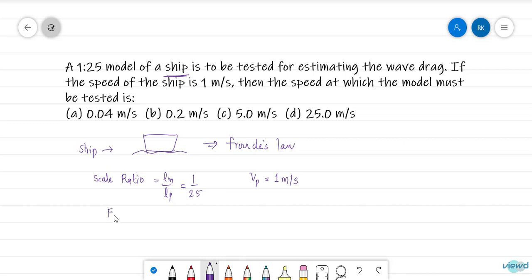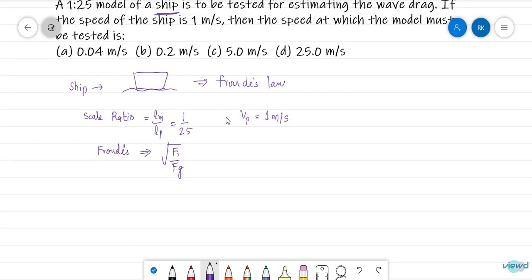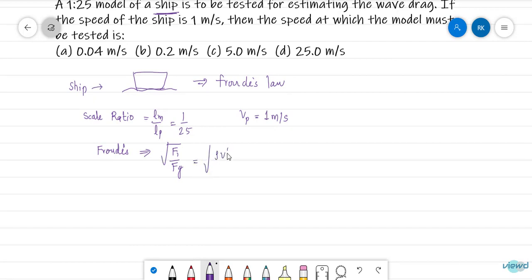Now, applying Froude's law. Froude's number is inertia force by gravity force. If you don't remember the formula directly, just remember this: inertia force by gravity force. Inertia force is rho v square L square, divided by gravity force, rho L cube G. So rho gets cancelled, and finally what remains is V by under root Lg.